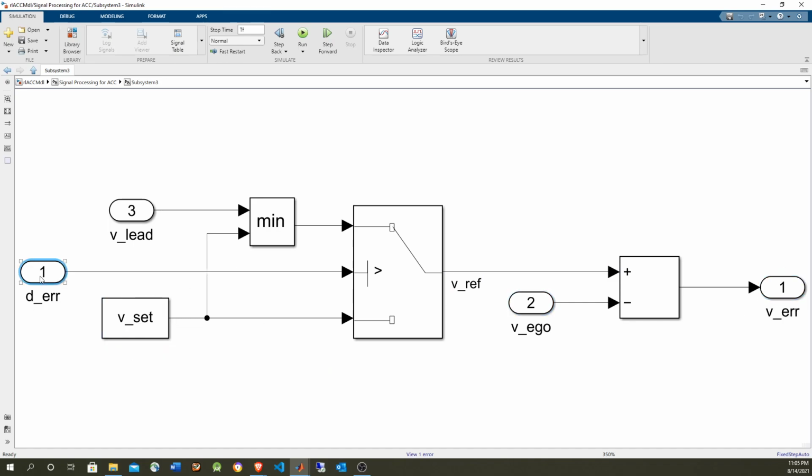Now if the error is above 0, it means that you're not in a safe position. So what's it going to do? It's going to take the velocity of the lead car, and if the velocity of the lead car is below the velocity set by the user, it's going to try to get into the velocity of the lead car. I don't know if this is the best way to do it, but at least it's going to try to increase the safety, the distance between the two cars.